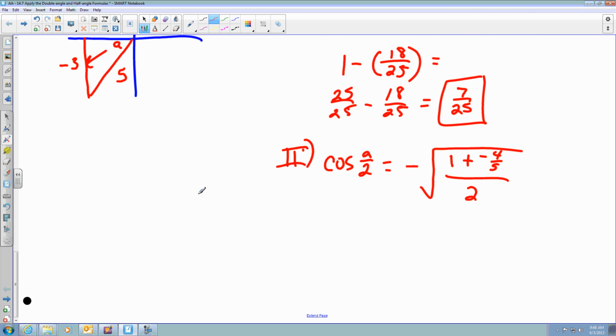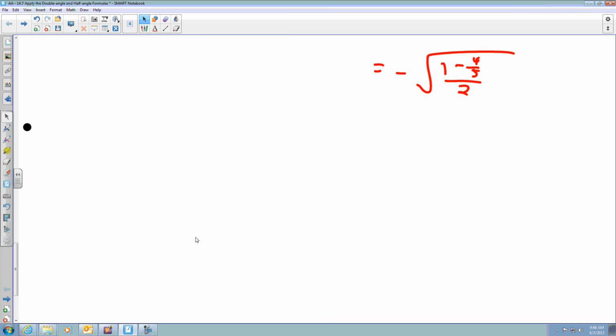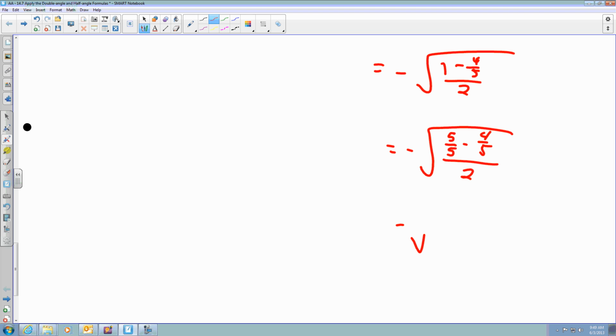So this is going to end up equaling negative square root of 1 minus 4 over 5, all over 2. Let's pay attention to the numerator first. I'm going to have a common denominator of 5 over 5, which is 1 minus 4 over 5, and this is going to give me 1/5, so I've got negative square root of 1 over 5 divided by 2.